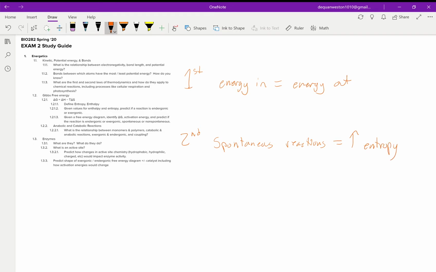So I kind of dumb these down a little bit. I like to think of it simple like this. I honestly don't even have the first and second memorized. I just have the concepts of them memorized.